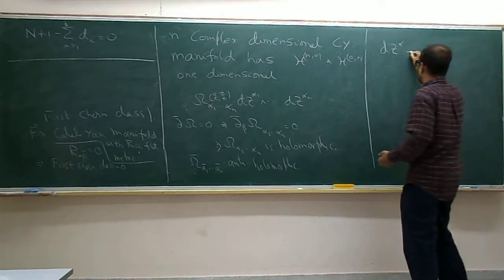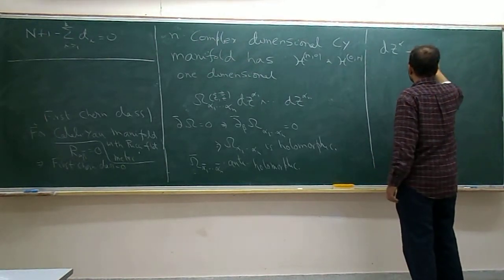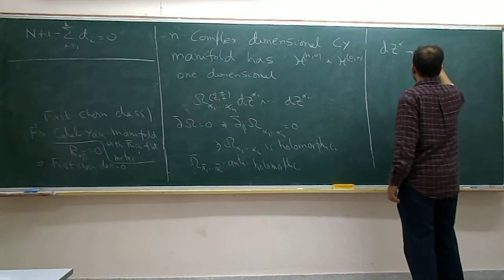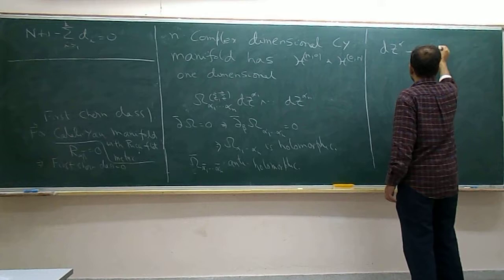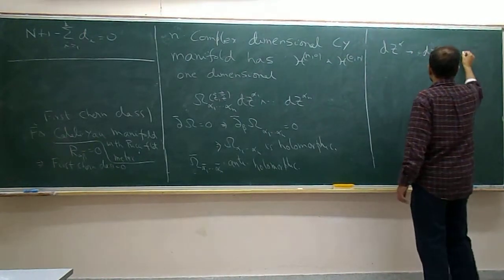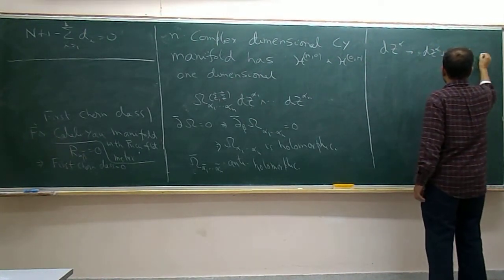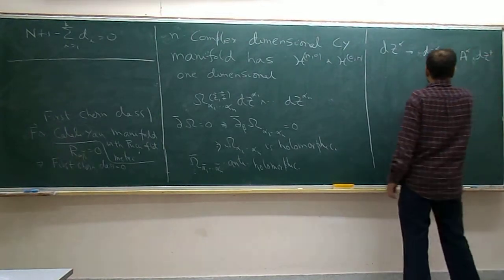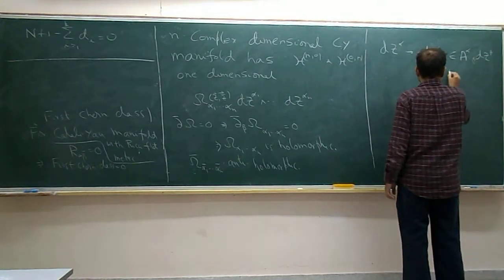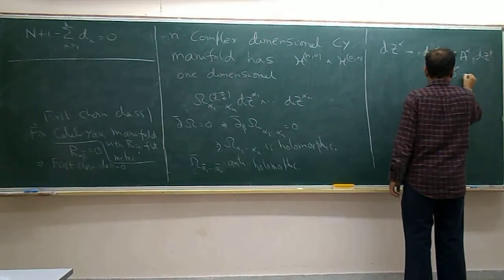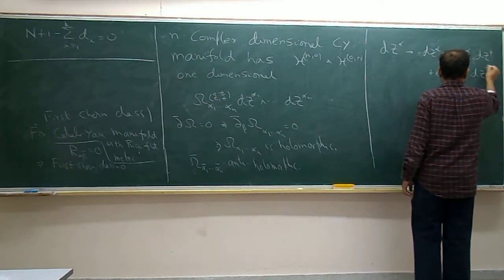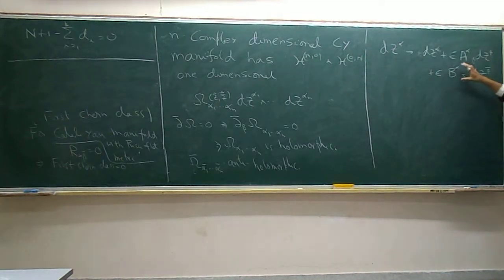So this will go into dz^alpha plus epsilon A^alpha_beta dz^beta, which you don't care about, plus epsilon B^alpha_{beta bar} dz^{beta bar}. These are really the parameters, the objects that are labeling the deformation of the complex structure.